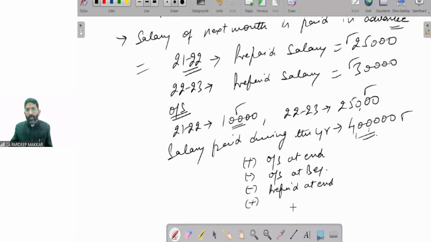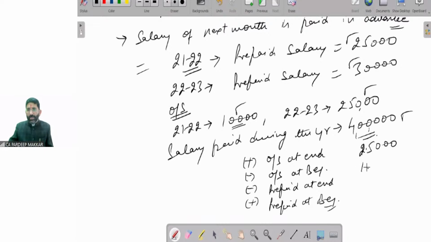add prepaid at beginning to get the amount to be transferred to income and expenditure account, or to get the amount which is due during the year. So this is 10,000, this is 25,000 rupees.